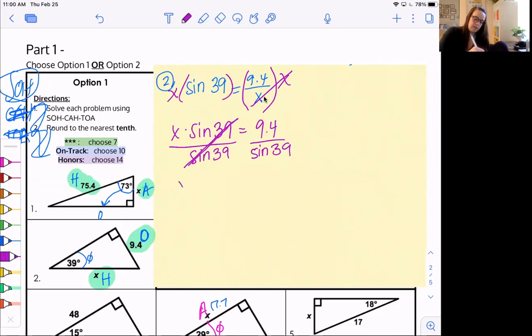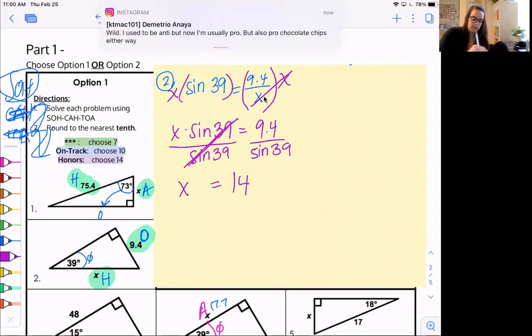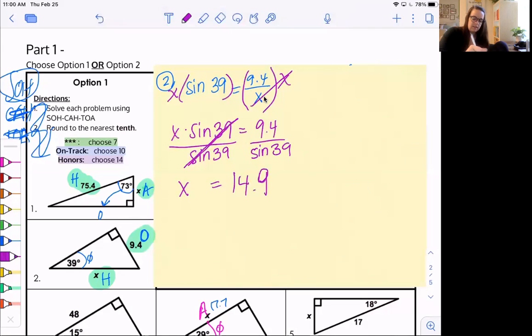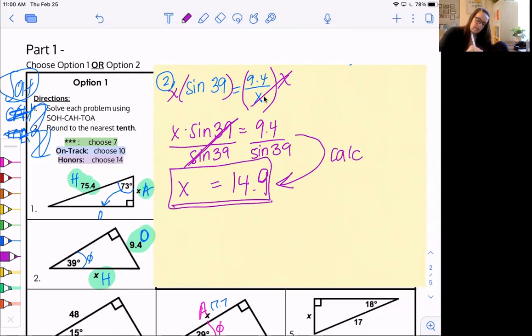So then that leaves me with x equals 14.9. So I do this in my calculator and I get 14.9. Right, so that would be 14.9.